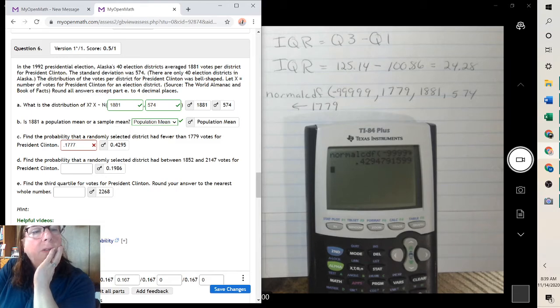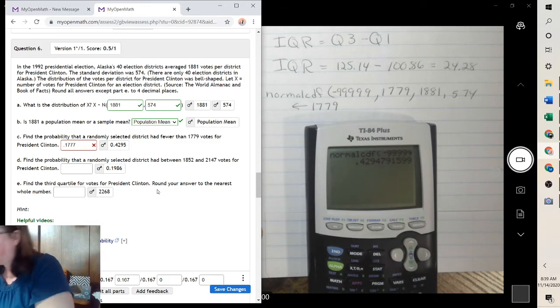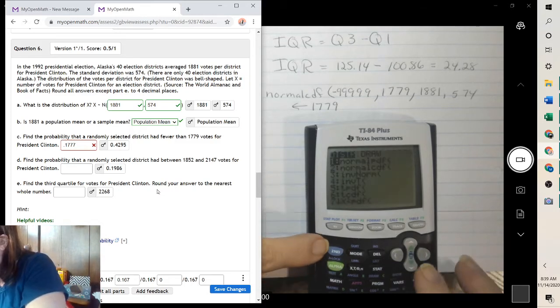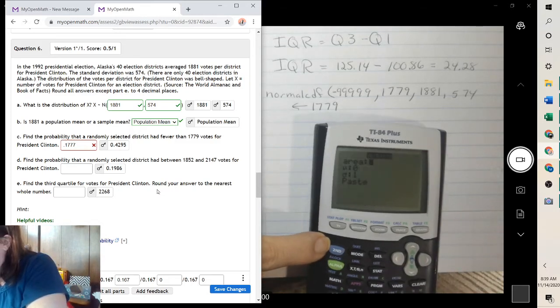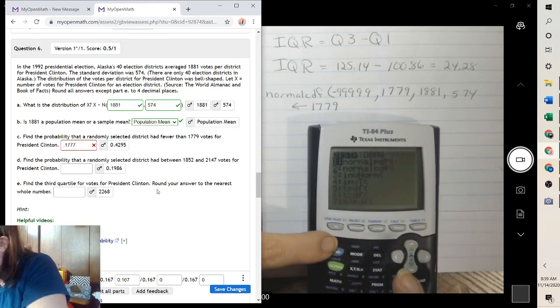Find the third quartile. The third quartile was the opposite. We're finding the number. Okay, so let's do D first. If we go into distribution, down to inverse. Whoops, wrong one. Distribution.